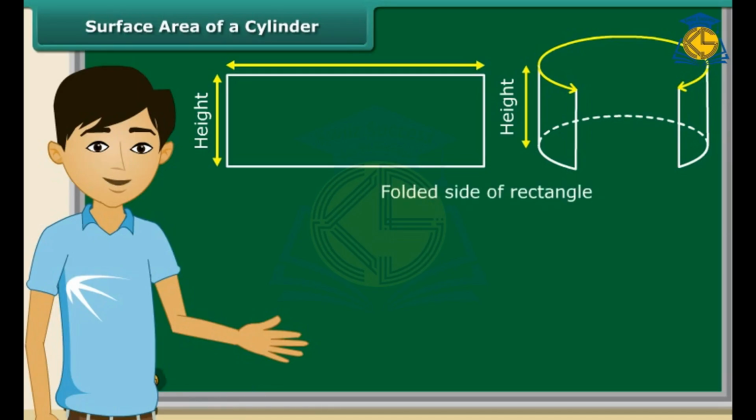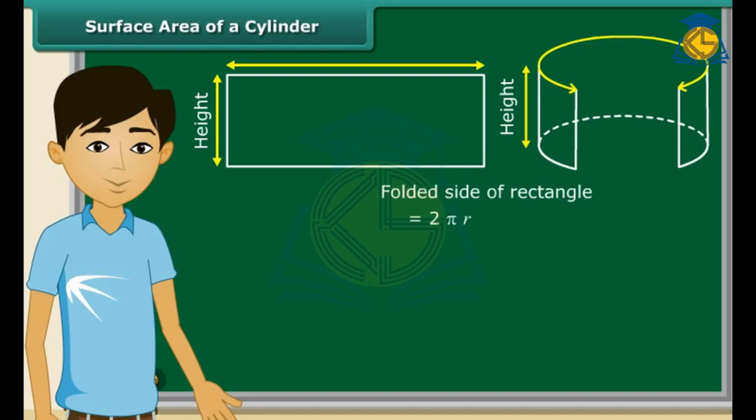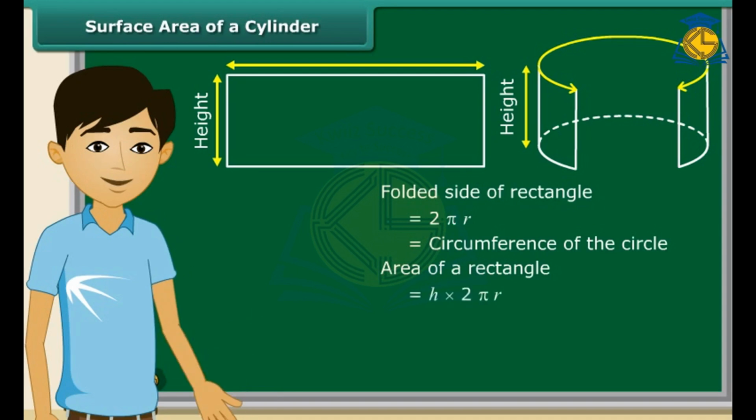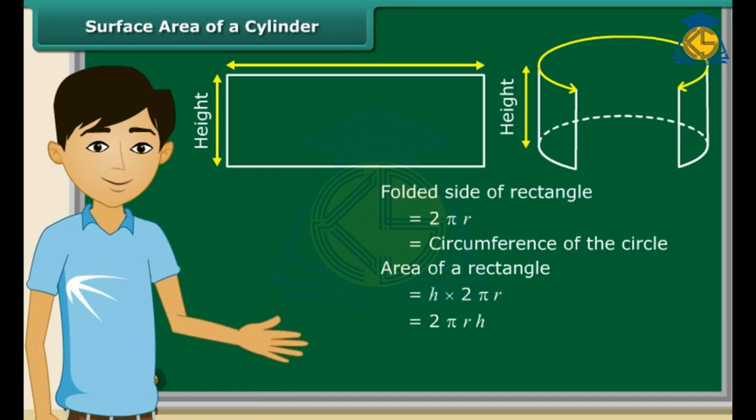Thus, the folded side of the rectangle must be equal to 2 into pi into r, which is the circumference of the circle. To get the area of the rectangle, multiply h by 2 into pi into r, and that is equal to 2 pi r h.